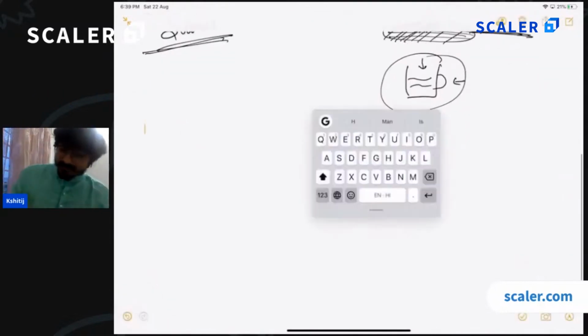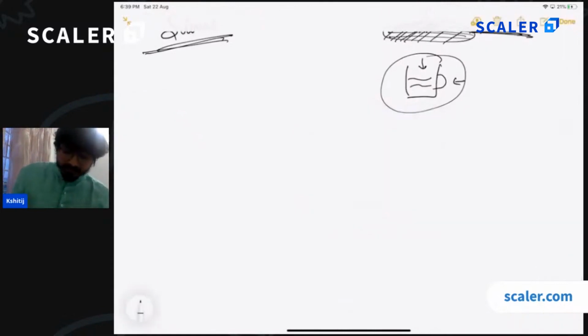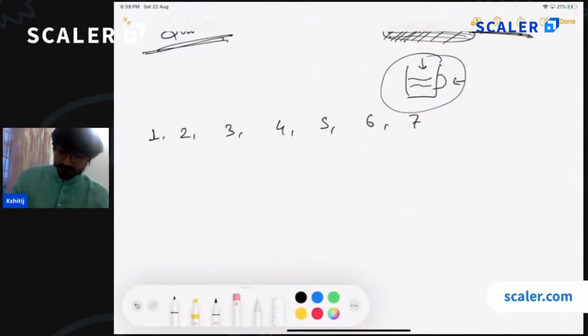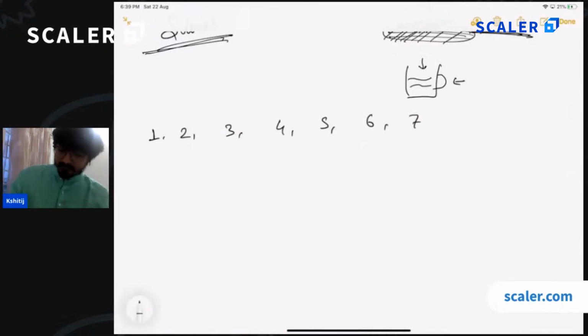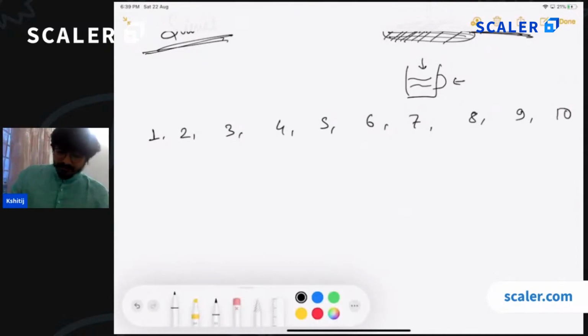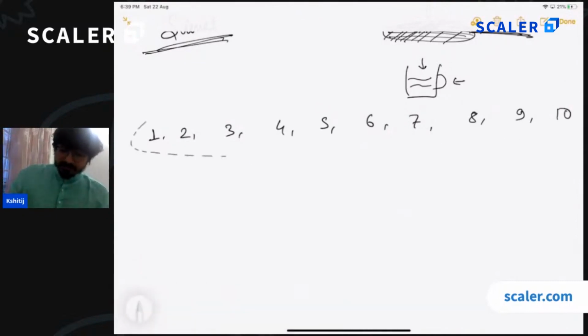So first of all, let us write down all the numbers on which we'll be running the sieve. Okay, so I will write down the numbers till maybe 40. I will just copy them.